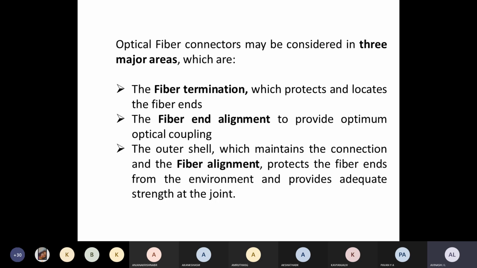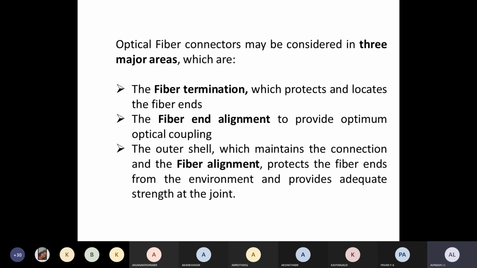We cannot leave the fiber as it is. If we leave the fiber as it is, what exactly happens? When you're talking about the distribution cable, one particular main line will be there, and from the main line around 10 distribution cables are taken.